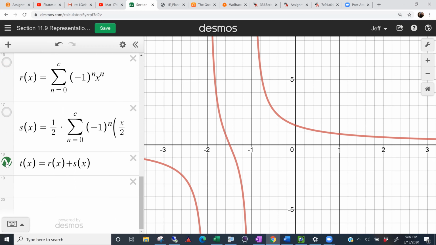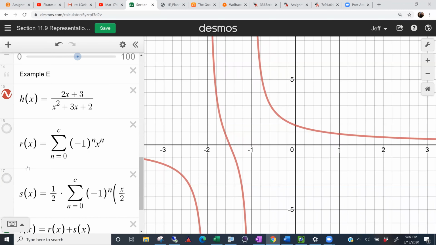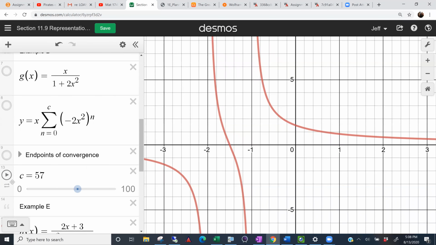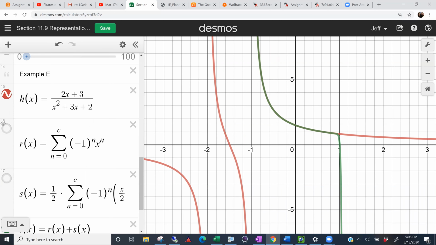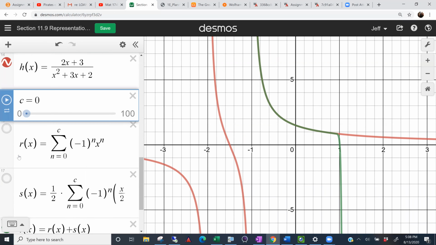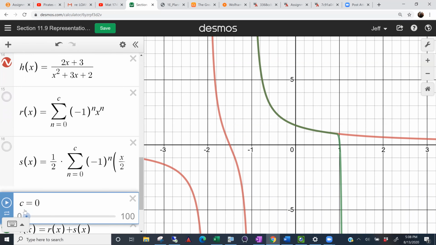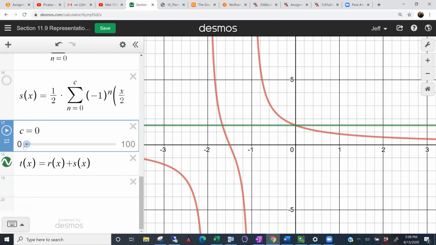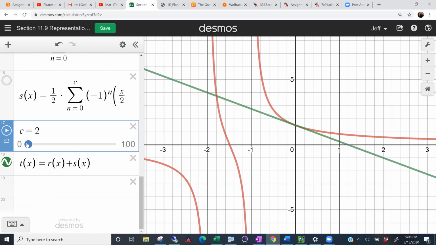So let's see what happens as I increase the values here for C. Now the question we have to answer is: is my interval of convergence between -1 and 1 or between -2 and 2?